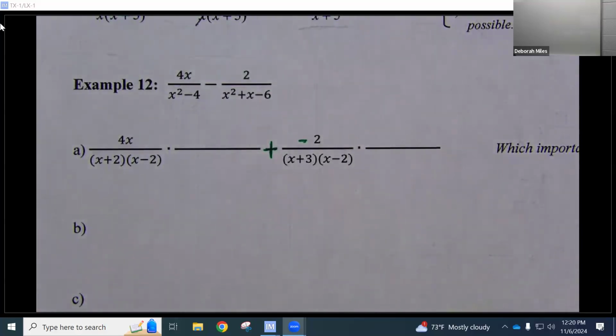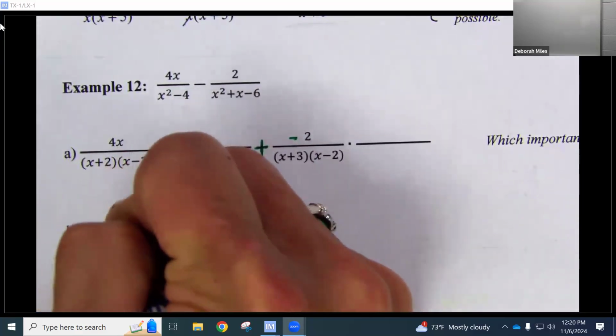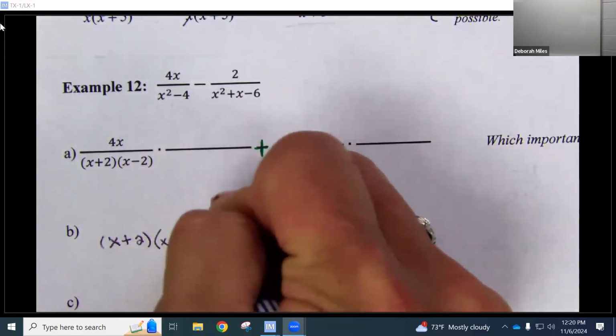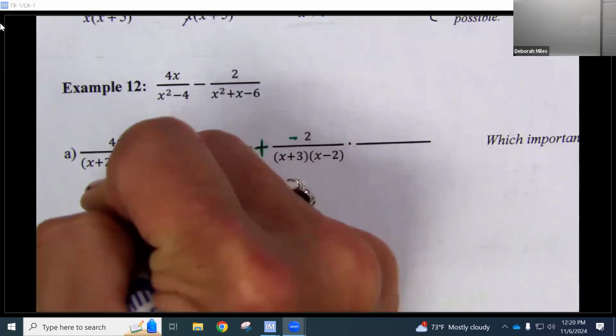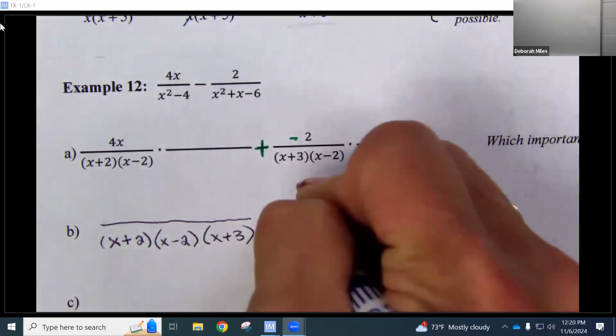One of each factor to the highest power it occurs. Beautiful. X plus 2 times x minus 2 times x plus 3. It has to have all 3 factors.